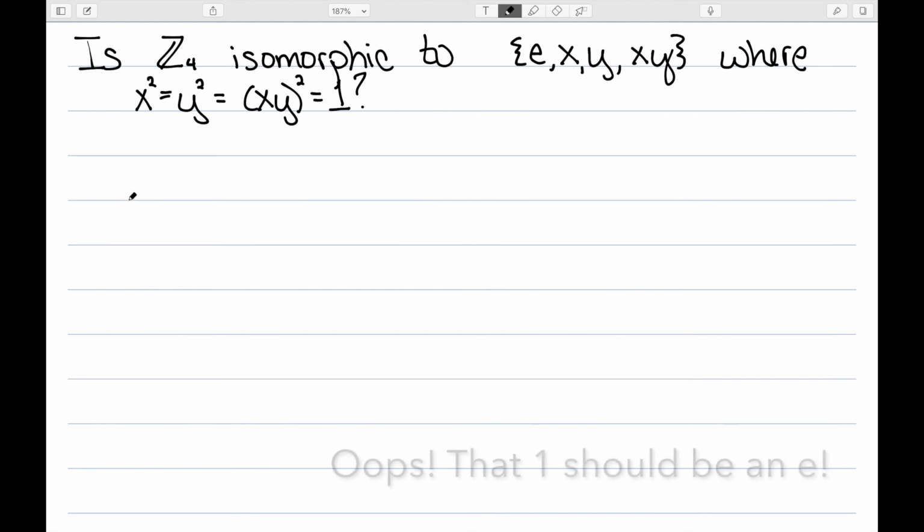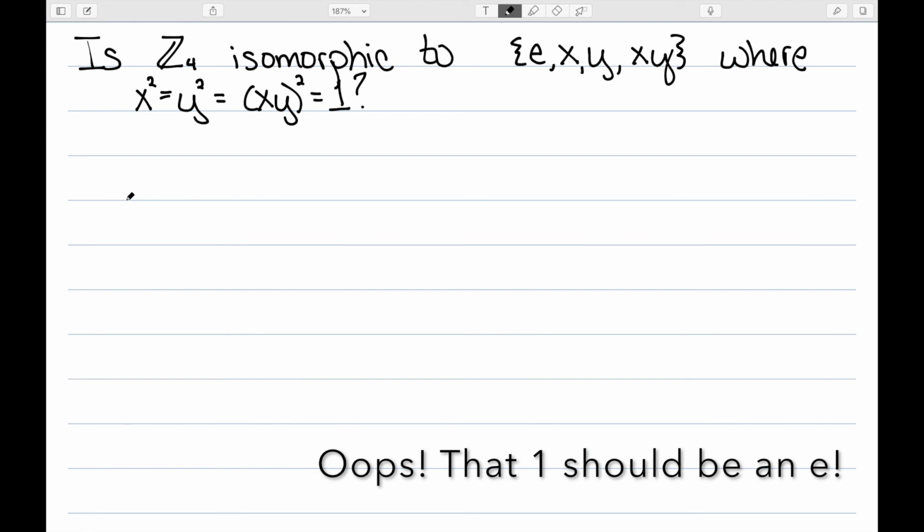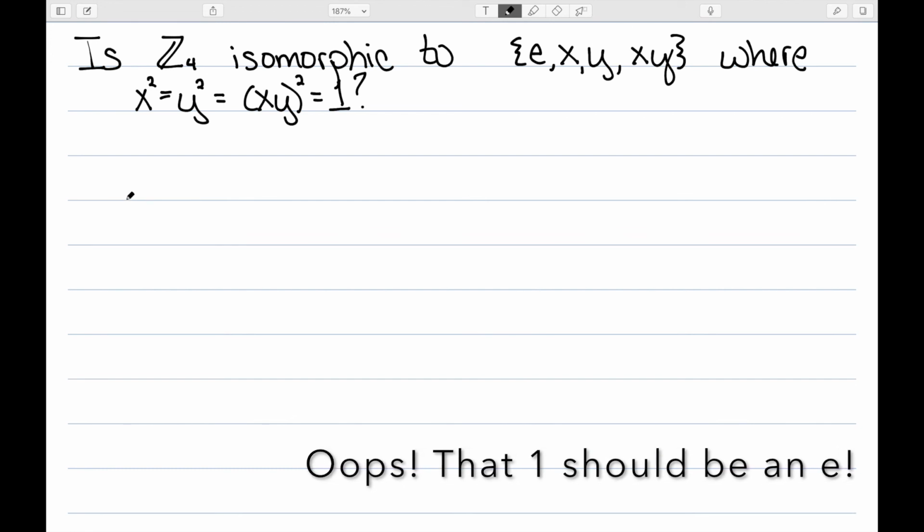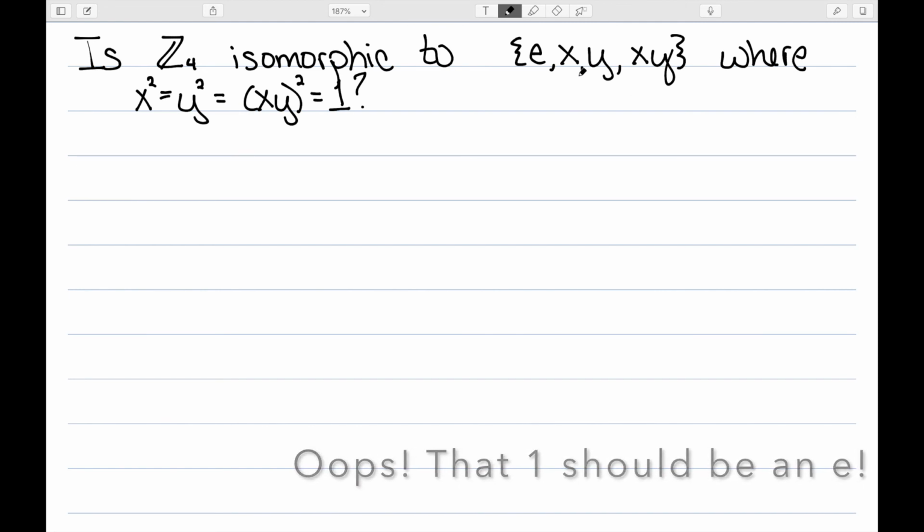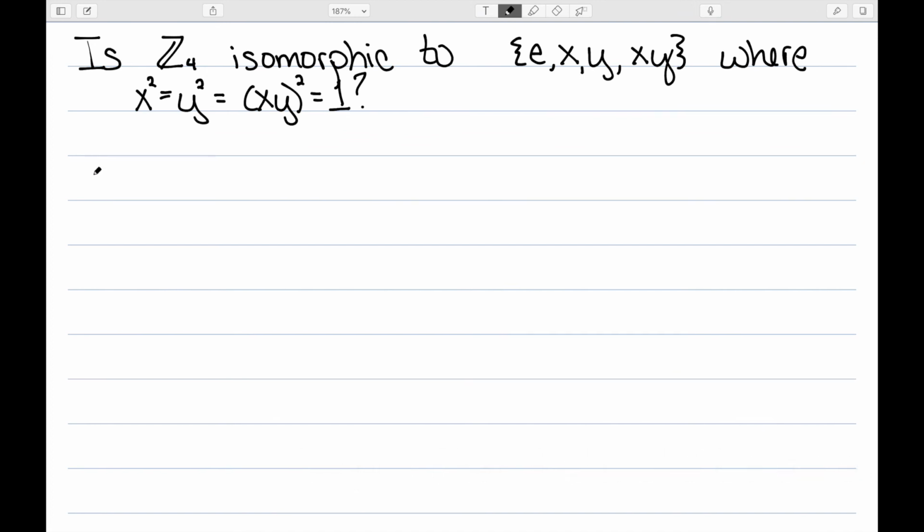Another one, is Z4 isomorphic to this group consisting of e, x, y, and xy, where x squared is equal to y squared is equal to xy squared is equal to 1. So every term when I square it, I get 1. Well, Z4 consists of the elements 0, 1, 2, and 3.